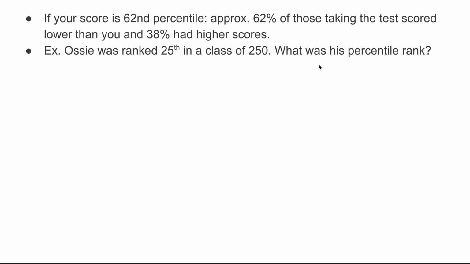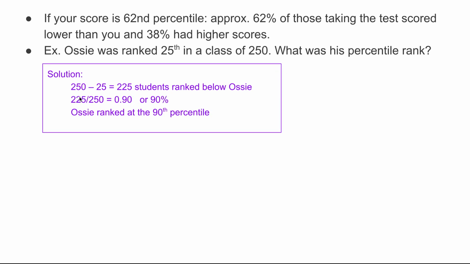We know there are 225 students ranked below RC. So we can do 225 divided by 250, the total number, which is 0.9, and you can multiply that by 100, which is the 90th percentile.